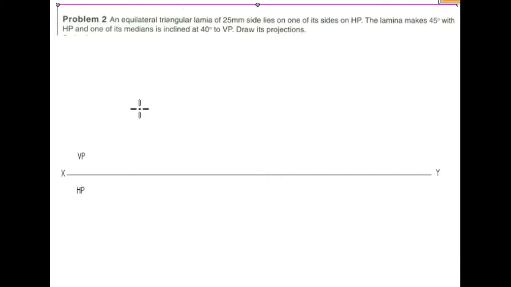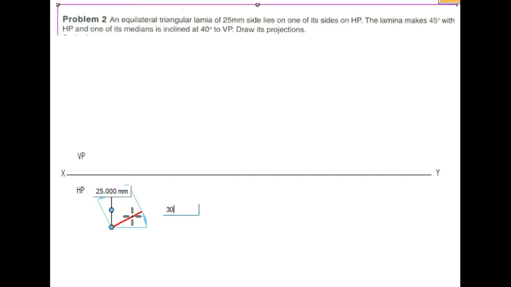Based upon the condition, we know that it is lying on one of its sides. So the line will be drawn first because it is the side representation of a lamina. Next, we know the exterior angle is 30 degree for an equilateral triangular lamina.